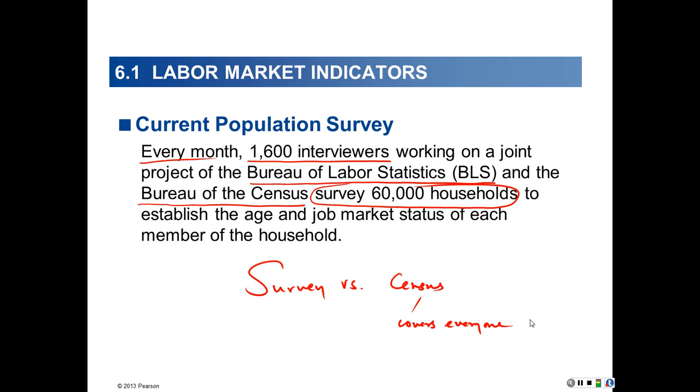Correct? Now, why is it every 10 years and not every month? Because it would be such a huge job to do this every month, to contact 320 million Americans. Correct? So therefore, since this is a monthly thing, we resort to a survey. We don't do a census, we do a survey. So these 60,000 households are supposed to be representative of the US. So these households are chosen quite carefully.